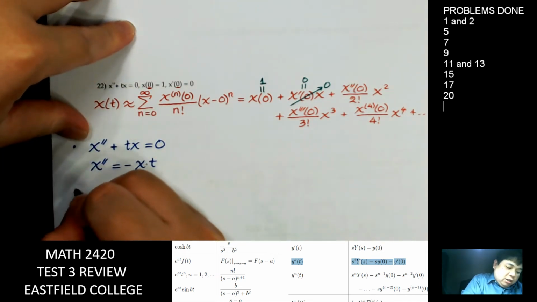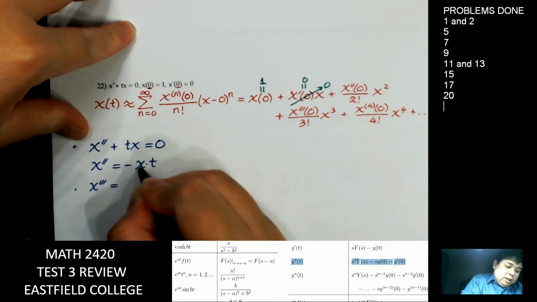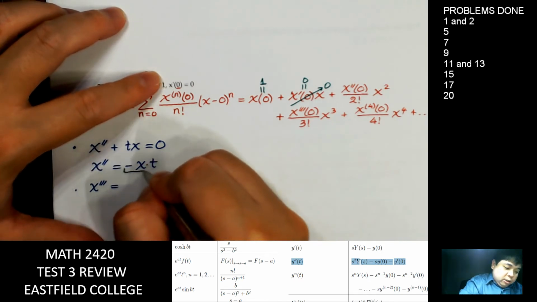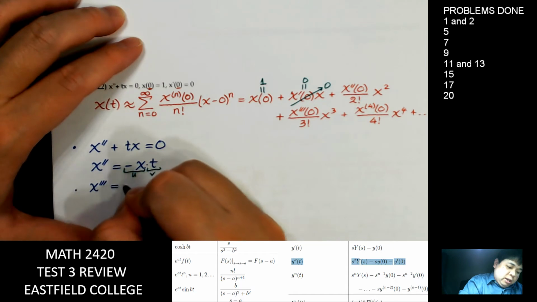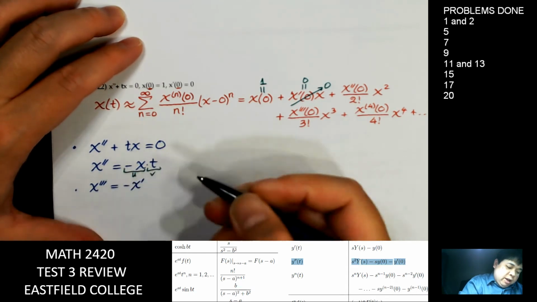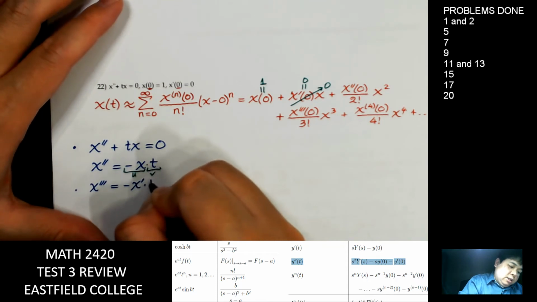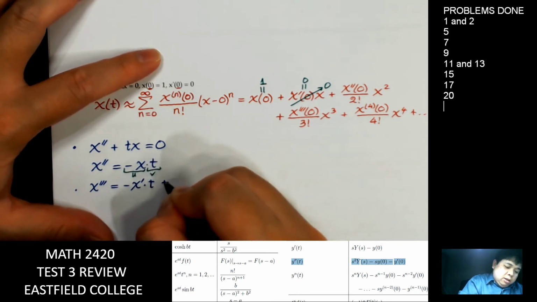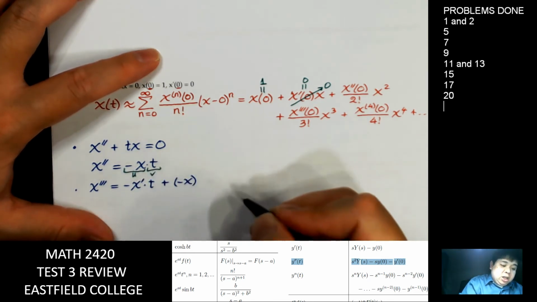now if we take the third derivative, we have to take the derivative using the product rule. So it's going to be negative derivative of x times t, plus negative x times the derivative of t, which is 1.